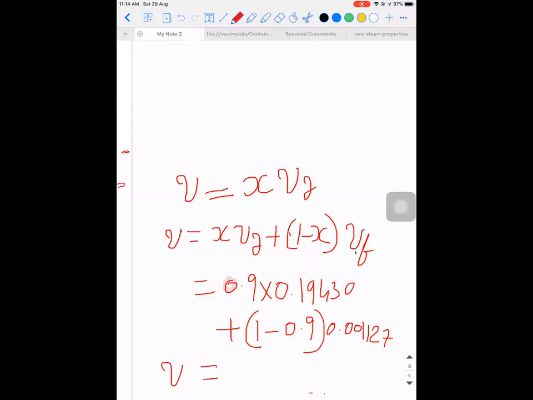Please get me the value. What is the value of V? 0.9 into... I want the response from students through chat.